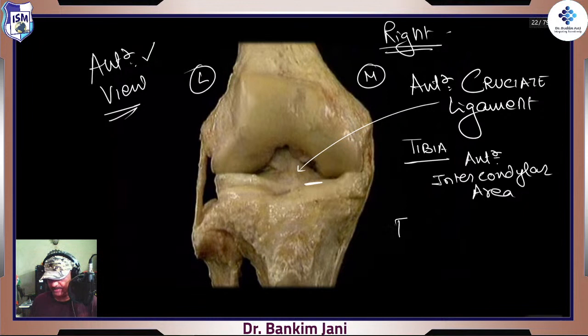Where exactly in case of the femur, where is the second end? To see that second end, we have to go back and watch from the posterior aspect. But before that, I really want you to visualize.